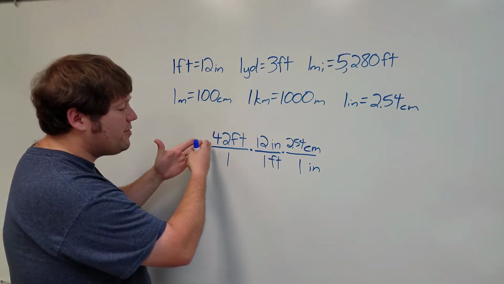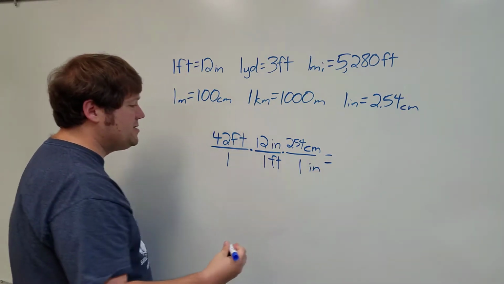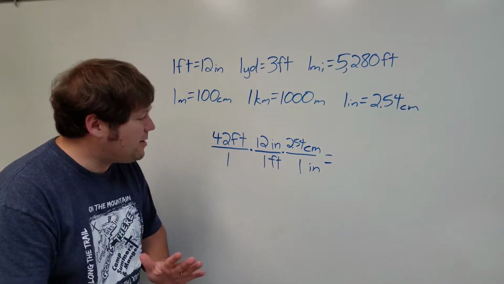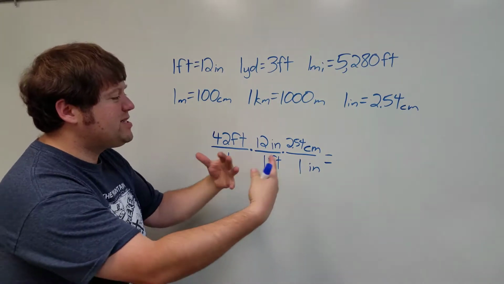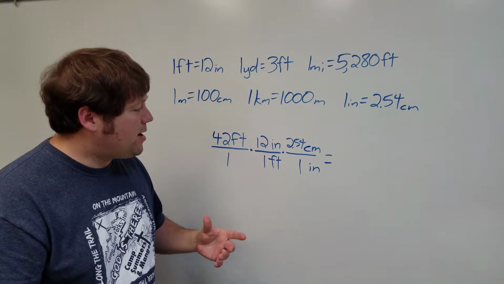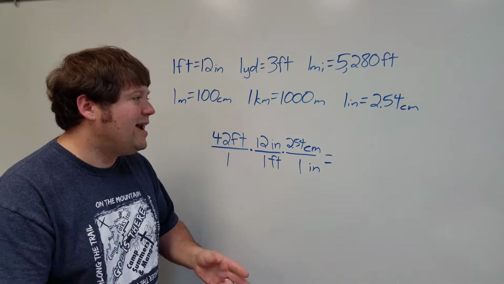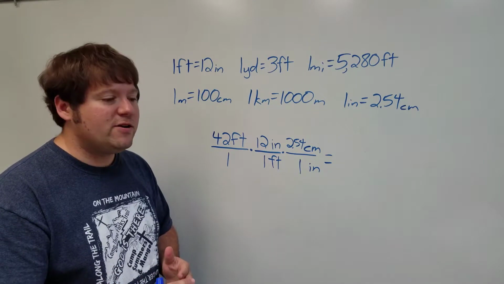And so we end up with this multiplication problem. What I do with my class is, for these unit multiplier problems, I have them set up the answer as a math problem. Because by this point, you know how to multiply and how to divide, and this is not a multiplication and division problem.